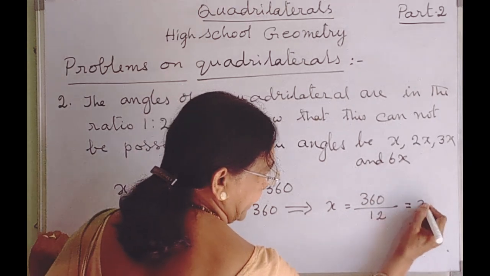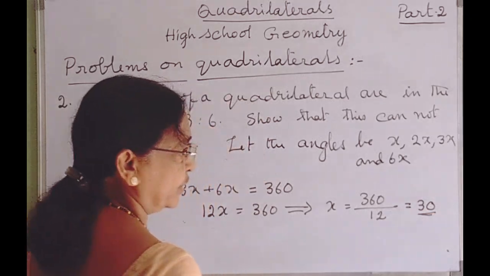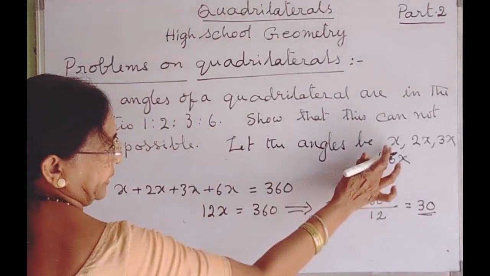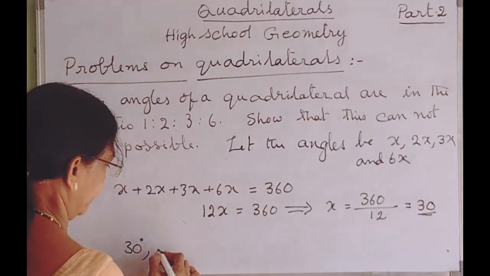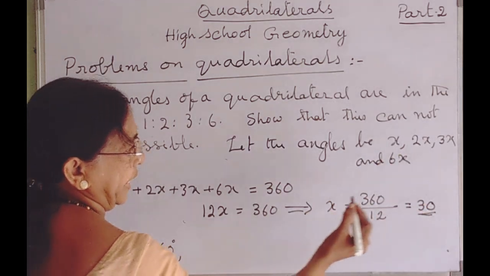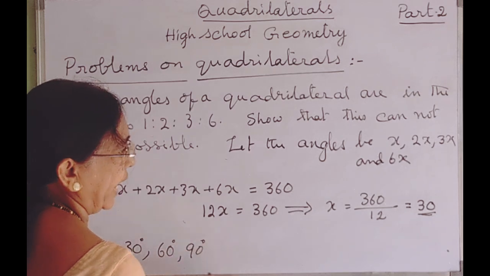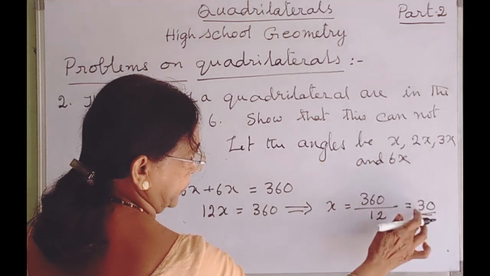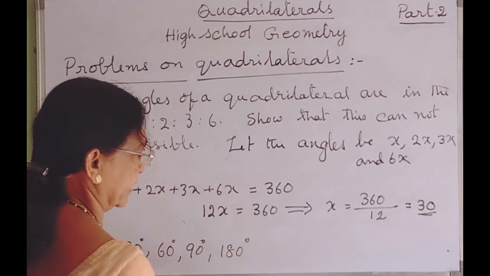That is equal to 30, since 12 3s are 36, 0. x is equal to 30. So, the angles are x, that is 30 degrees, 2x, 2 into 30, 60 degrees, 3x, 3 into 30, 90 degrees, and 6x, 6 into 30, 180 degrees.